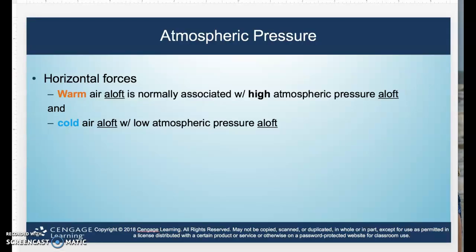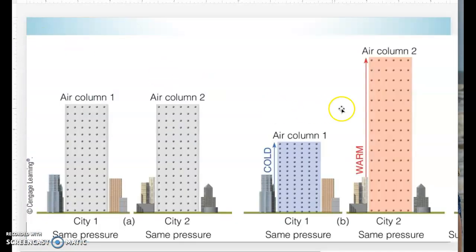What I wanted to point out to you was that we know that atmospheric pressure is the amount of pressure pushing down on you that is above you. So that warm air column has higher pressure aloft. Let's go back and look at this. If we looked at the 1 kilometer line, there was still pressure above the 1 kilometer line.